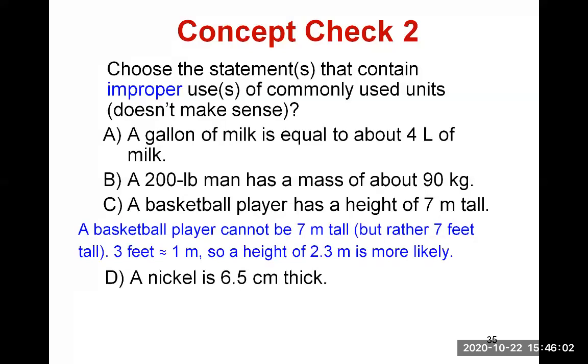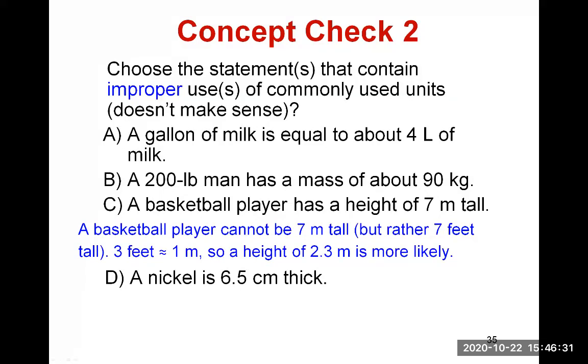That's not plausible at all. Instead of 7 meters tall, it must be 7 feet tall, and that's more reasonable here. In meters, you divide 7 feet by 3, and it's about a height of 2.3 meters, which is very tall for a man, but that's possible.